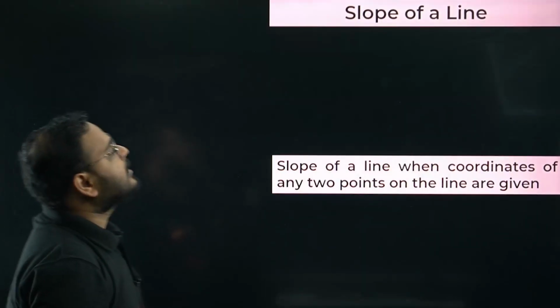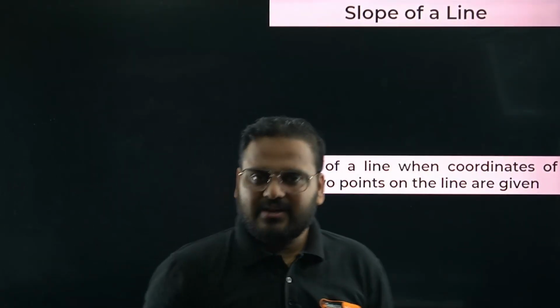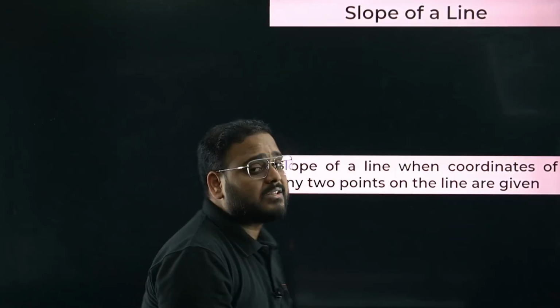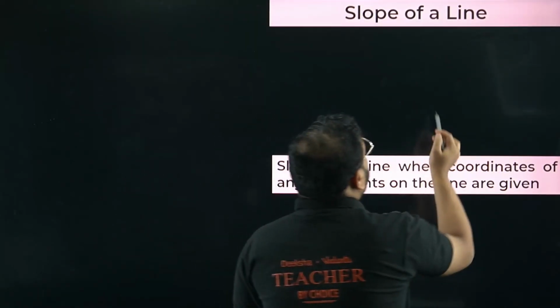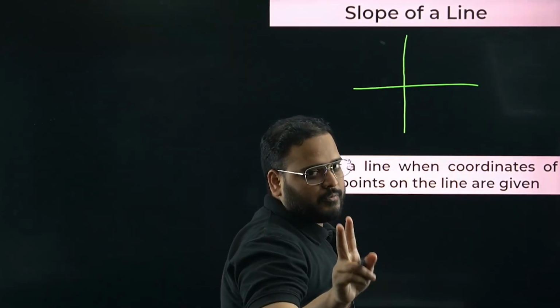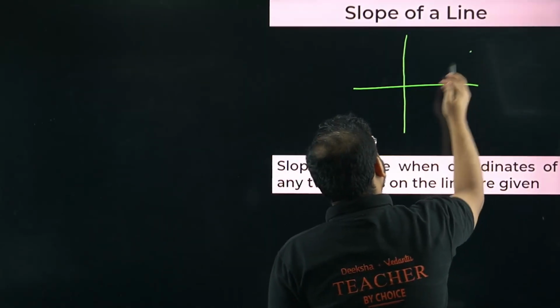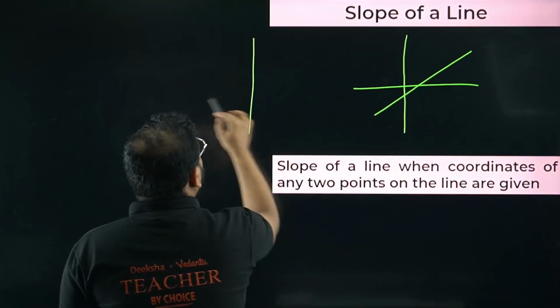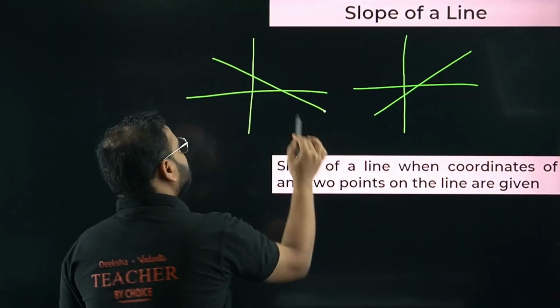Let's move on now. Next, we are in straight lines, so let's start from the first thing we have to know, something called the slope of a line. How do you find the slope of a line? Remember, I can have slopes in two ways. One way is when the line looks like this, the other way when the line looks like this.